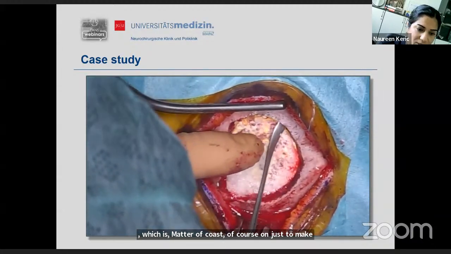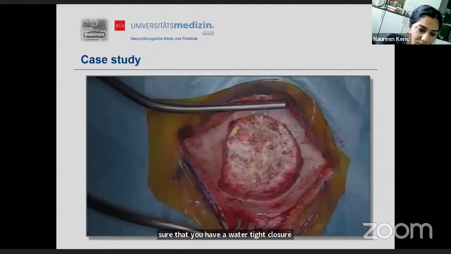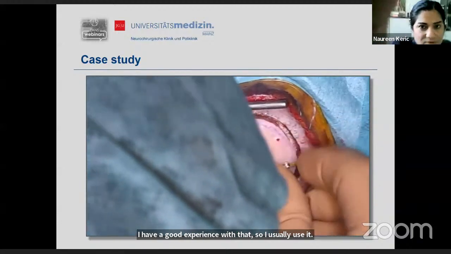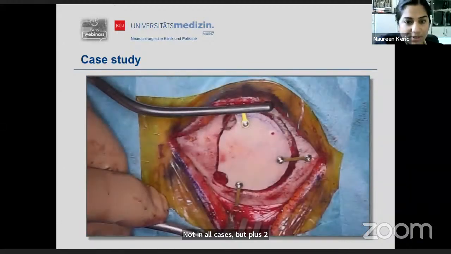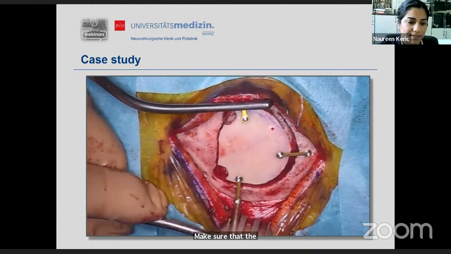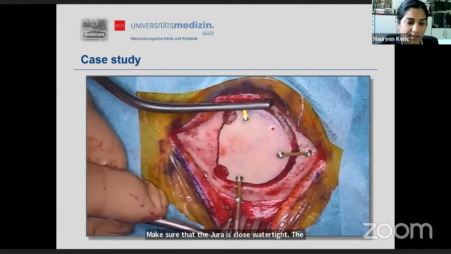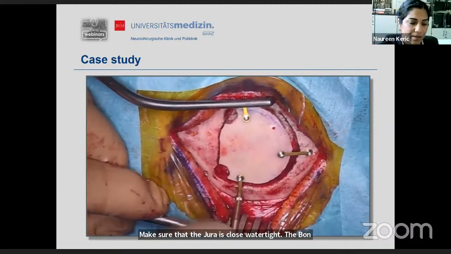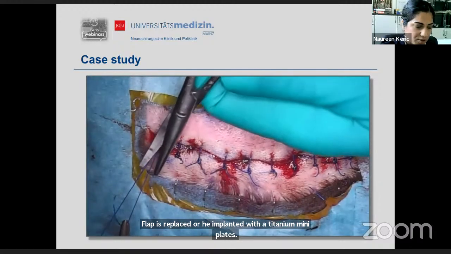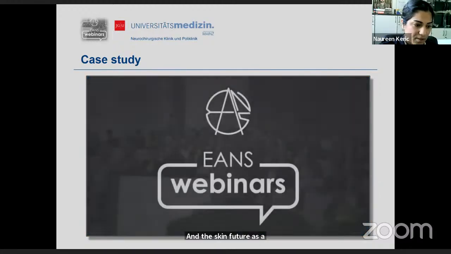I have a good experience with that, so I usually use it. Not in all cases, but try to make sure that the dura is closed watertight. The bone flap is replaced or reimplanted with titanium mini plates and the skin suture as in a usual fashion.